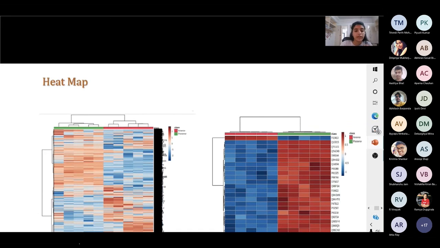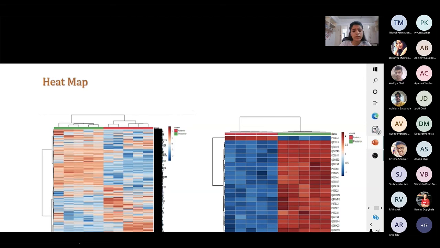A heat map was also generated. In this, the differential expression of proteins was observed. Green samples denote the posterior pituitary, and red samples the anterior pituitary.